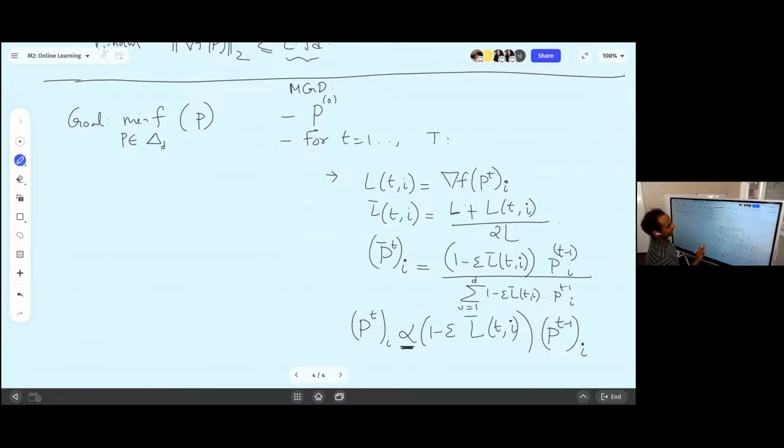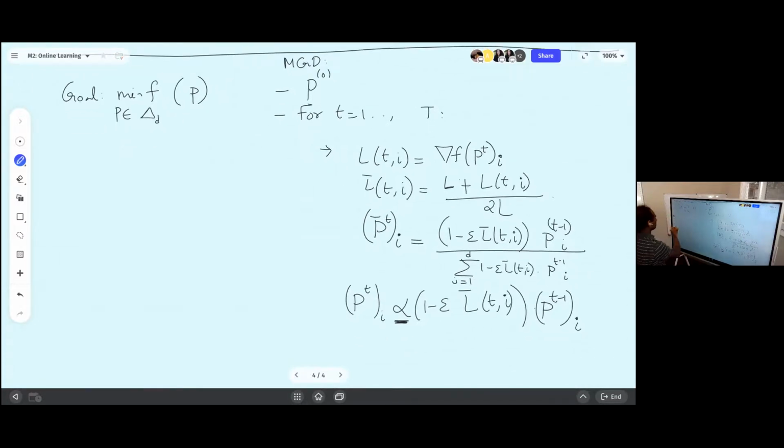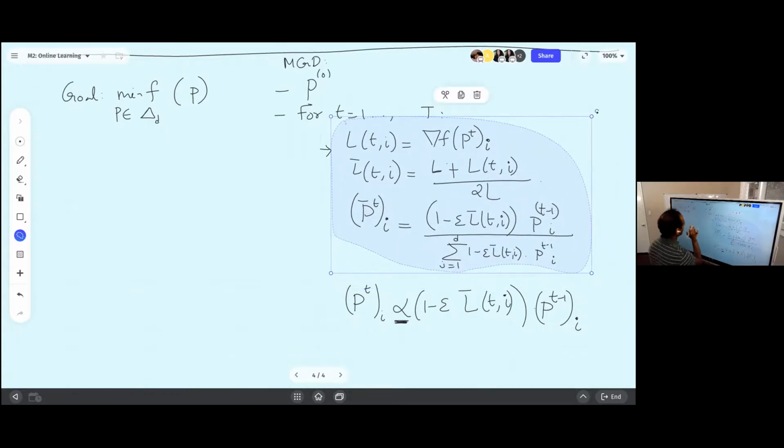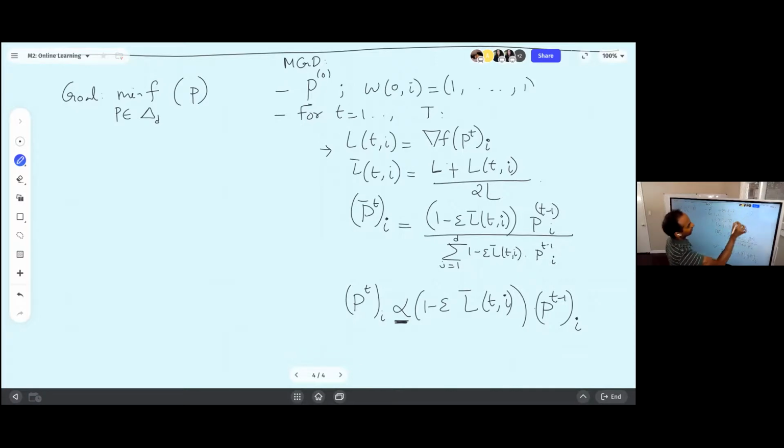But let me also break this up into multiple steps so that I can make a connection to multiplicative weights more directly. It's the same algorithm, but I'm going to rewrite it in a slightly different way. In particular, I'm going to define these weights just as we did for the multiplicative weights method, which we will use to define the current iterate of our algorithm.